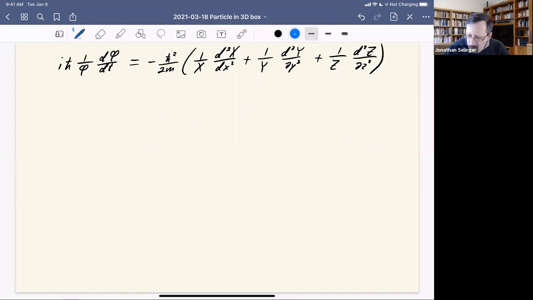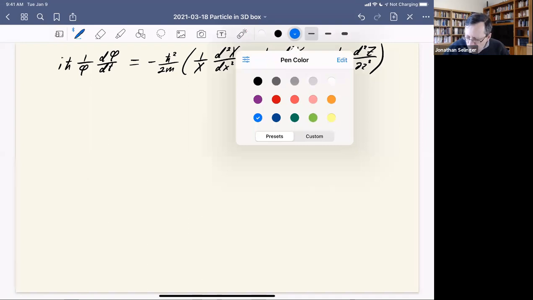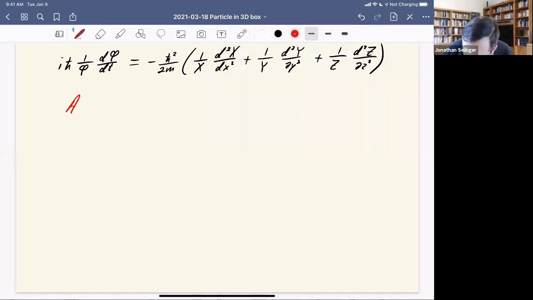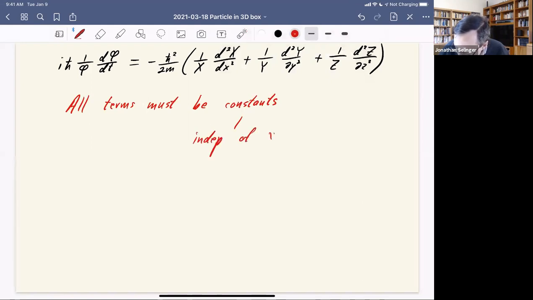So we could say all terms must be constants, that is, independent of X and Y and Z and time.